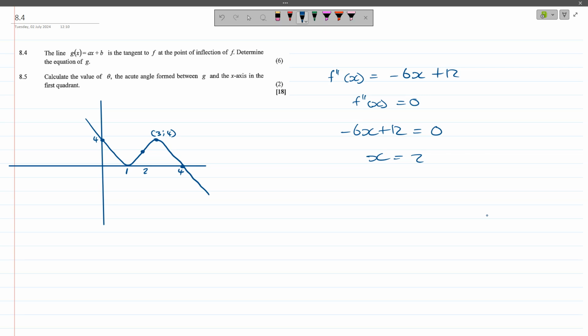And in order to do so, we are going to use the first derivative to figure out what the gradient of the graph is at 2. So what is the gradient at that point?